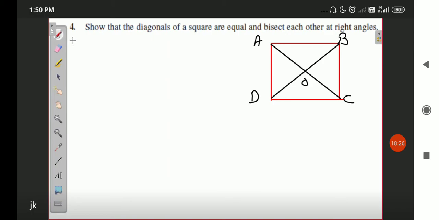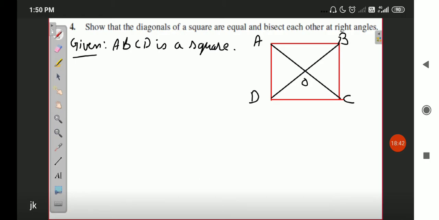So we'll start with given. What is given to us? That ABCD is a square. It is already given to us that ABCD is a square.